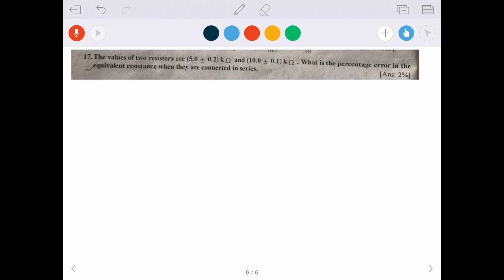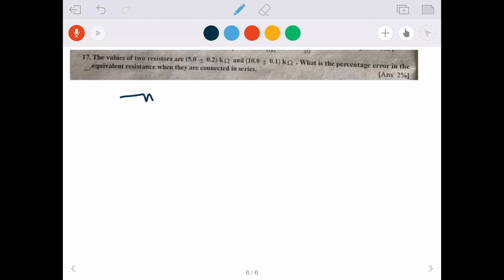So the question, as you can see: the values of two resistors are 5.0 plus or minus 0.2 kilo ohm and 10.0 plus or minus 0.1 kilo ohm. What is the percentage error in the equivalent resistance when they are connected in series? So we have two resistors, both connected in series, and we have to find the percentage error.